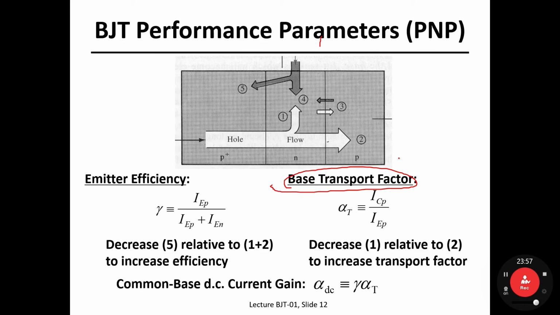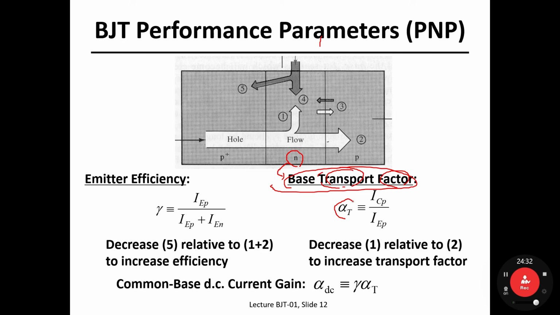Base transport. Transport means something is moving from A to B. And base indicates the name of the region of PNP BJT. So in this case, n-type base. How much something is transported, moved, delivered, and that is counted as a factor.